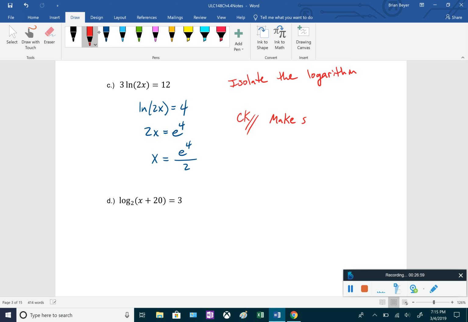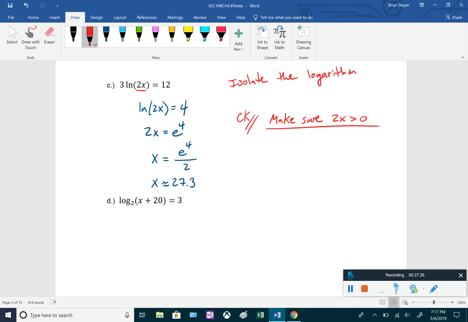So let's make sure we have to make sure the 2x is positive here. 2x is our input. Actually, I will use it as a decimal representation just because I've been doing that. So x is approximately, what did I get, 27.3. So that's e to the 4th divided by 2. It's about 27.3.